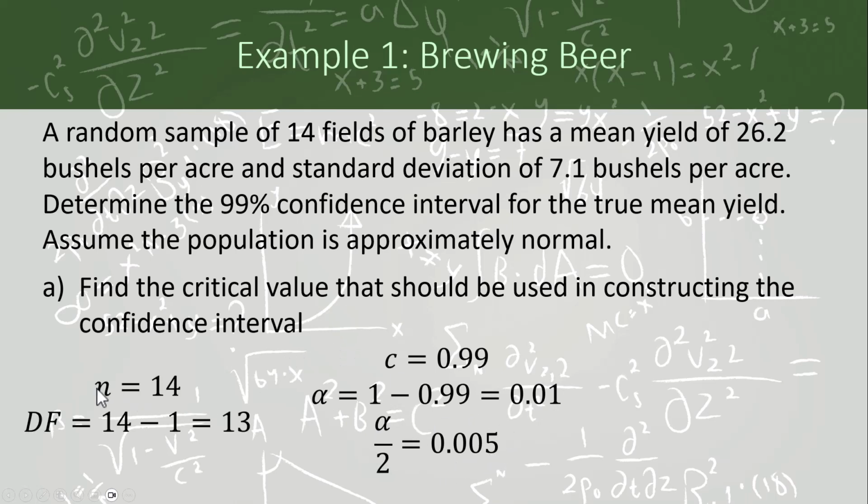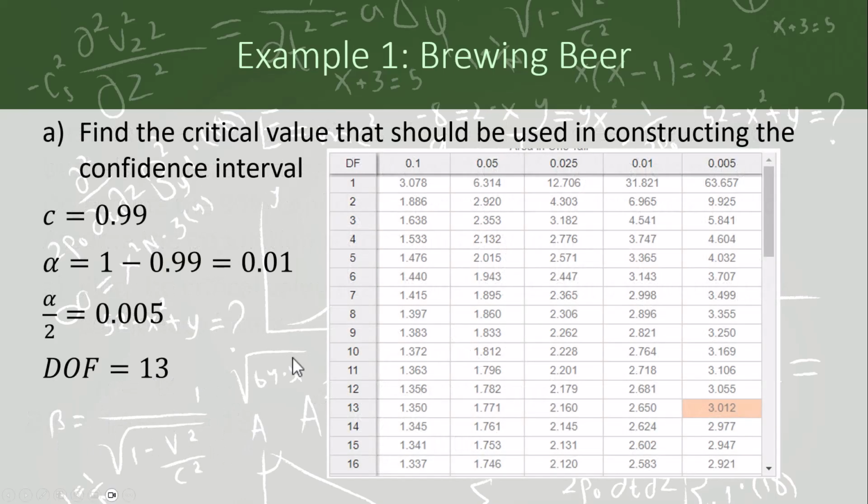Degrees of freedom, since we have 14 samples, the degrees of freedom happens to be 13. Once we know that, we can go to our tables and look up. We go to this column for 0.005, this row for 13, and this will be our answer, 3.012. Okay, so that takes care of part A.